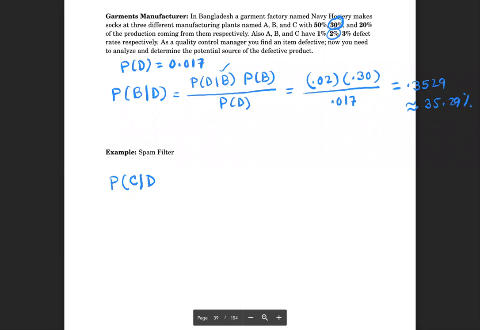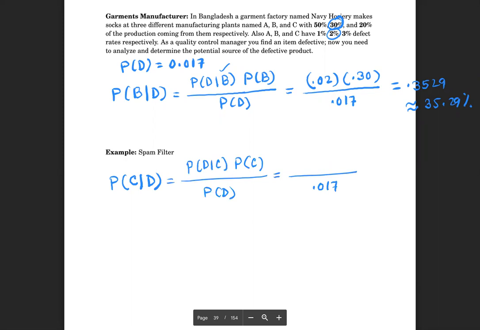Now, similarly, the product is defective, given that, what are the chances that C has made it. So the probability of C given D is the probability of D in the bottom, then the probability of D given C times the probability of C, and that is going to be 0.017 in the bottom.